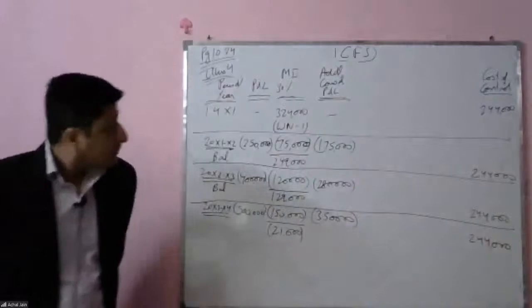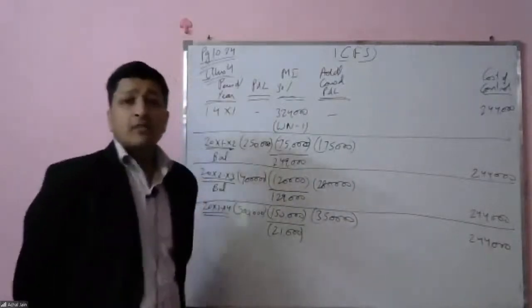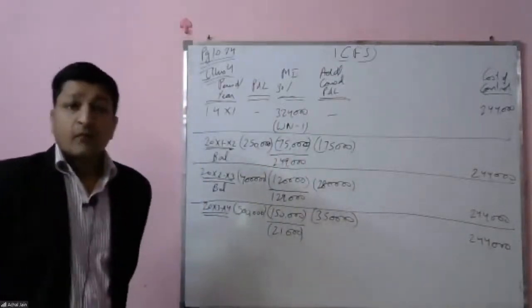Now, the moment the balance of minority becomes negative, what do we need to do?